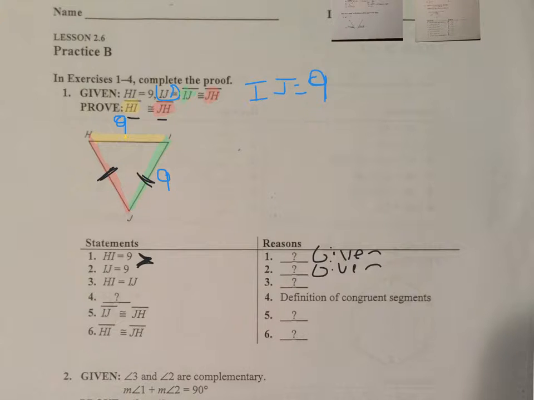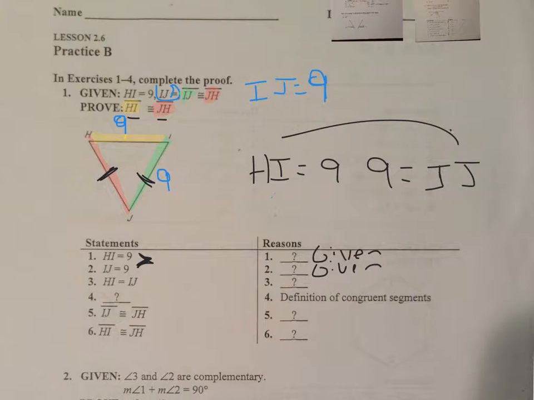There's a couple different ways I can think about this, and I think I put both in the answer key. If HI is equal to 9 and 9 is equal to IJ, then we have the transitive property that says the first and the last. So we could title that the transitive property. Another way to think about it is, if HI is equal to 9 and 9 is equal to IJ, then these two things are equivalent, and anything that's equivalent I can swap in and out.